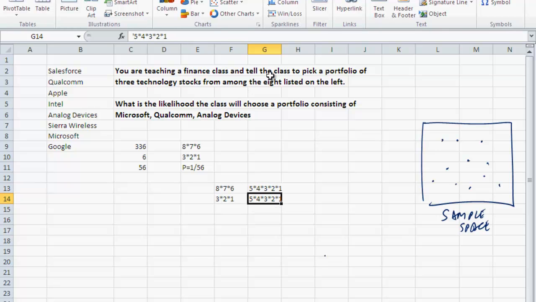Oops, I made a mistake over here, so that's 4. Do you notice that all I've done is taken the number that I have over here, 56, which is 336 divided by 6, and I've simply multiplied everything by 1, which hasn't changed anything?